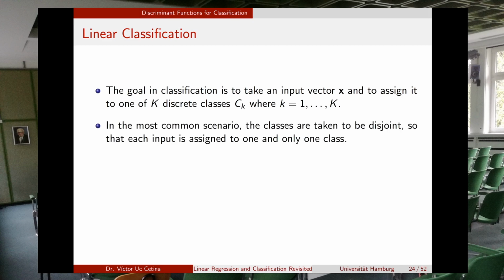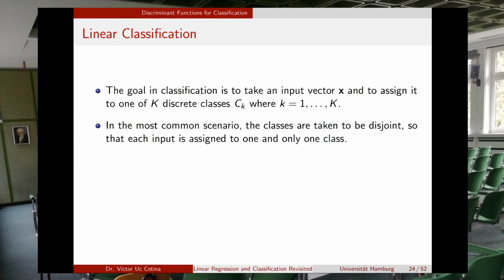In the most common scenario, the classes are taken to be disjoint, so that each input is assigned to one and only one class. So take as an example classification of digits. If we are going to classify digits, each of the inputs could belong only to one of the classes.